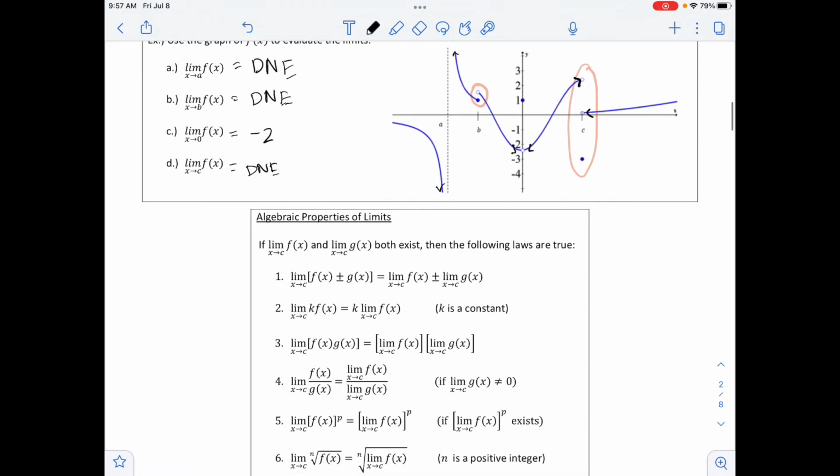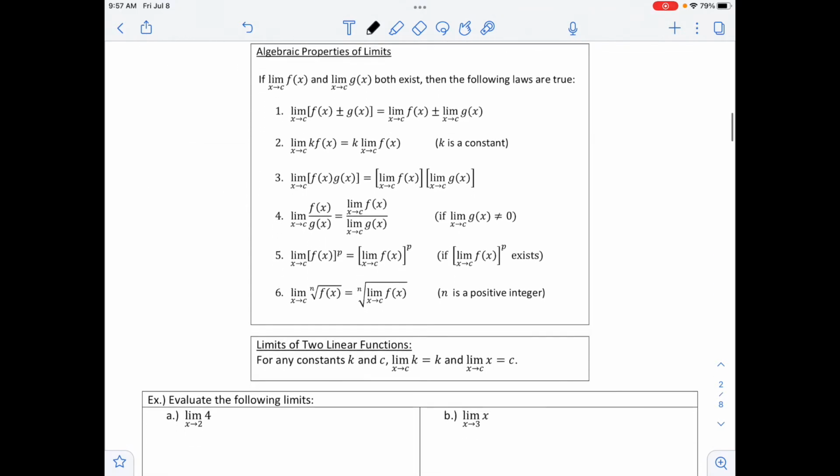The next thing that we have is algebraic properties of limits. These are good properties to know.